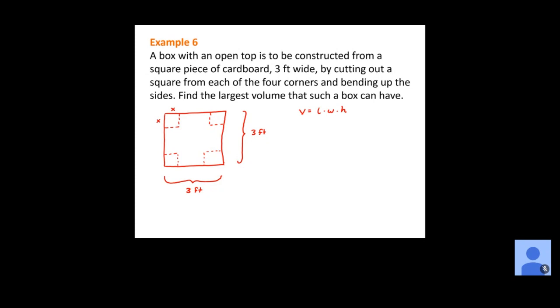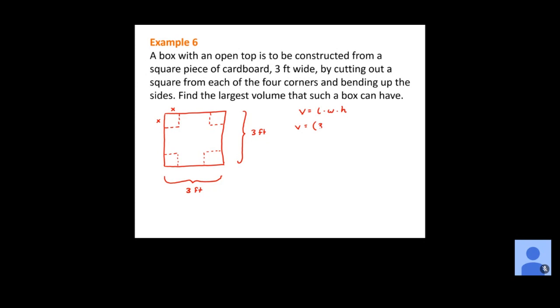So now I just need to think about, in terms of the variable that I've used here, the x that we're cutting out of each corner, how would I get the length, the width, and the height? Well, let's think about each one. Let's think about length first. Once I cut out those corners and I fold up the sides, how long is that box going to be? 3 minus 2x, right?